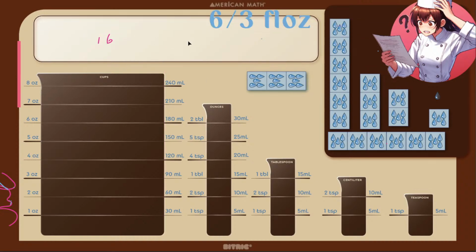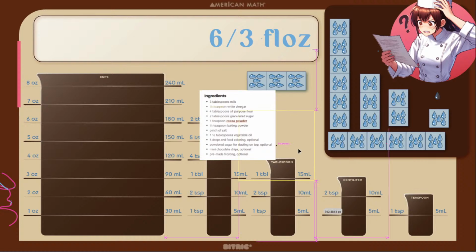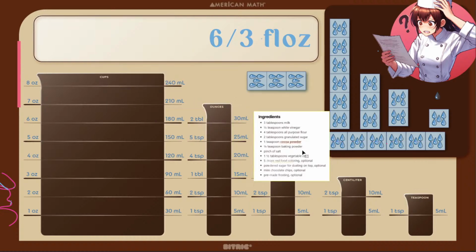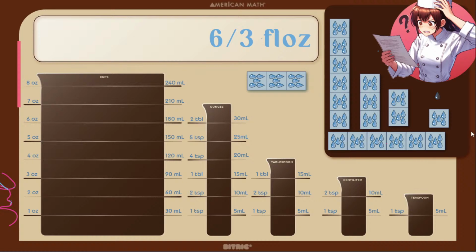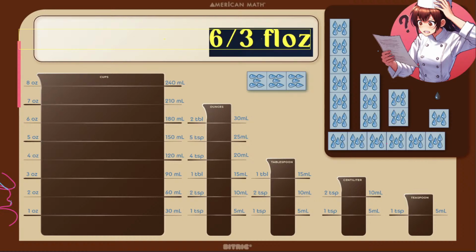We just want to focus on seeing can that recipe fit in this 8 ounce cup. So we have an 8 ounce cup over here. I'll write them in here as we need them.